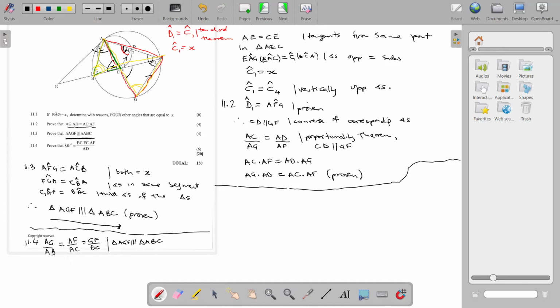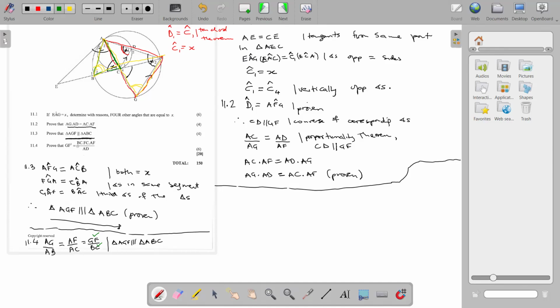From here, let us compare the ratio that we have with the ratio in the question. In the question we have GF. Do we have GF here? Yes. We have BC. Do we have BC here? Yes. In our question we have FC. Do we have FC here?